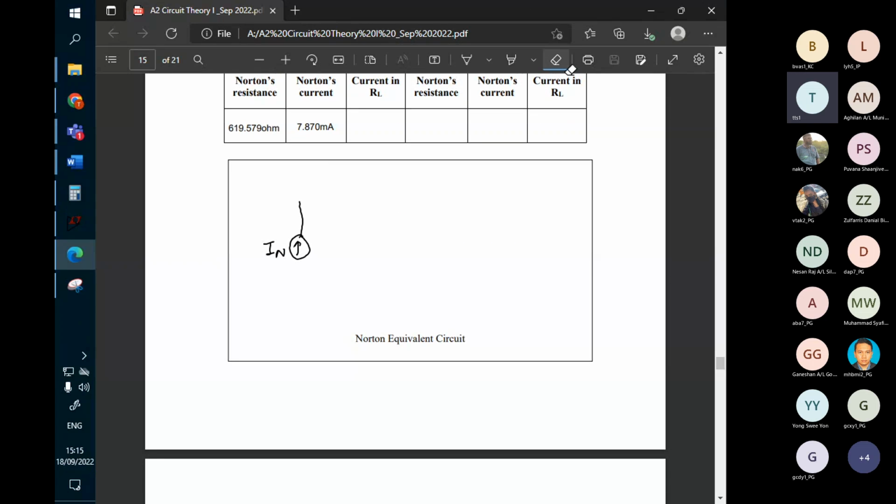Okay, let's draw a better line. This one is to be parallel with the Norton resistance. It's called Rn. And then extended out is our terminal.